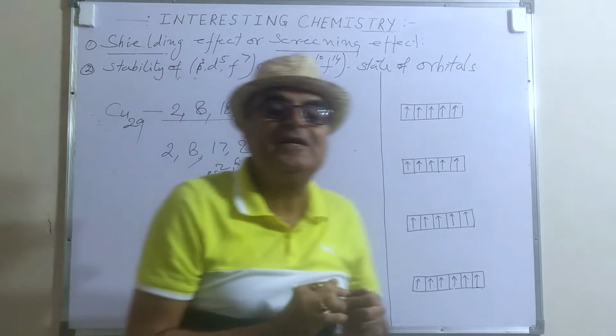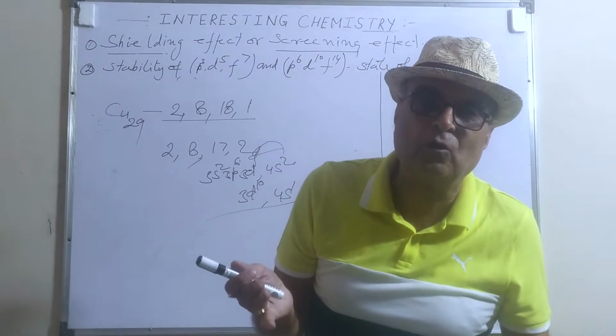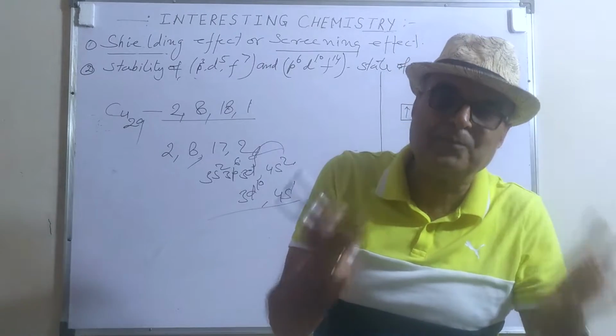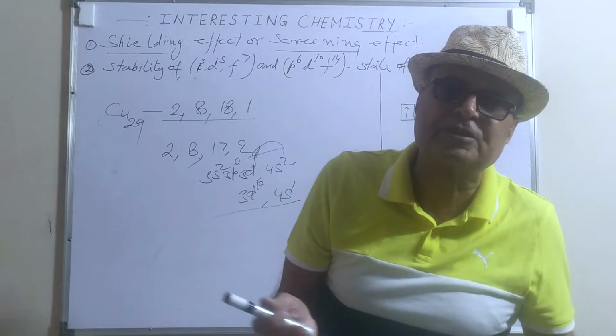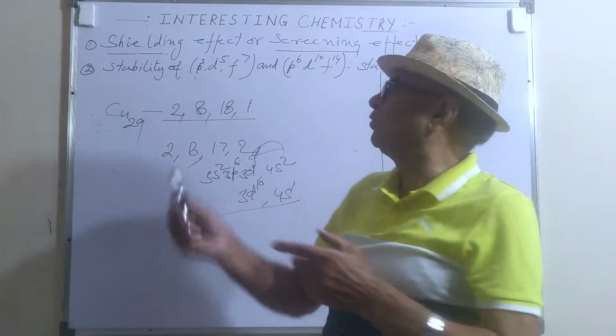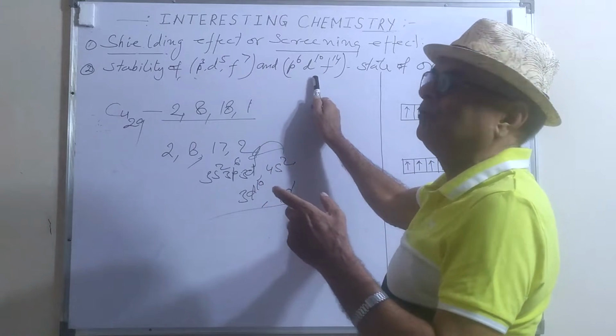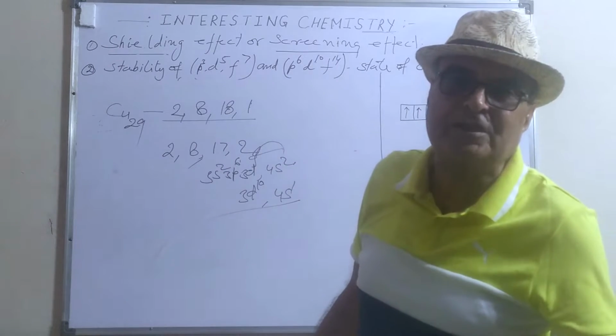I explained here why it is so. I explained that the fully filled or half-filled orbitals are more stable. But now I am going to explain why the half-filled and fully filled orbitals are more stable.